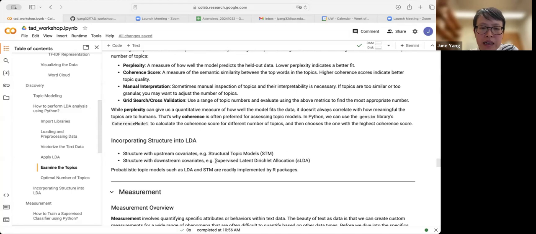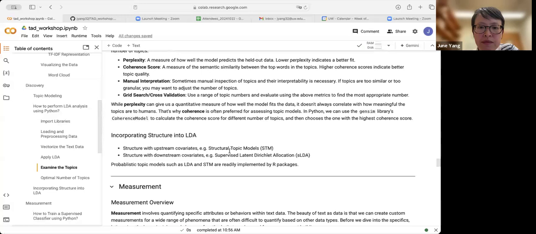They don't work well. Instead, there is this method called supervised latent Dirichlet allocation, sLDA, which, when it's trying to come up with a model, not only maximizes the likelihood of the observed data, but also tries to predict an outcome variable that we specify. Both these methods, the upstream and the downstream ways of incorporating covariates, are implemented in R.